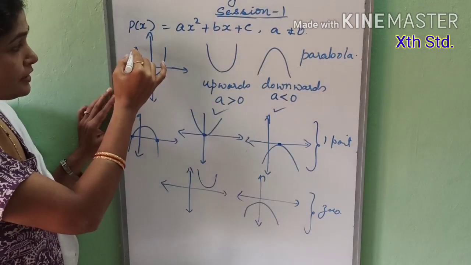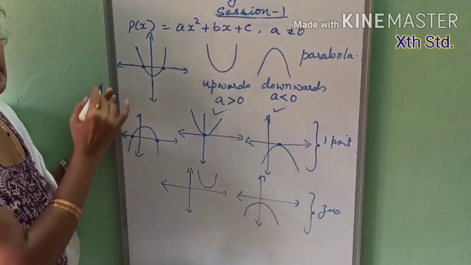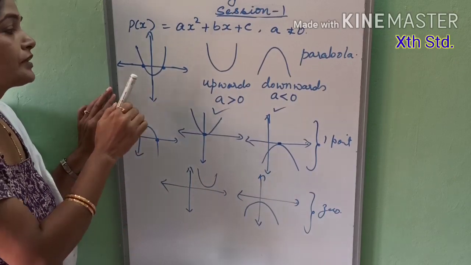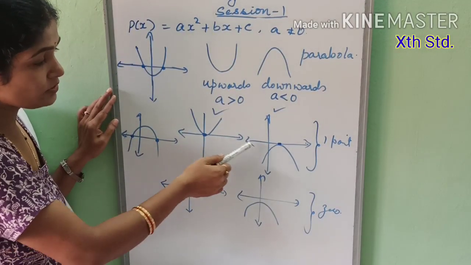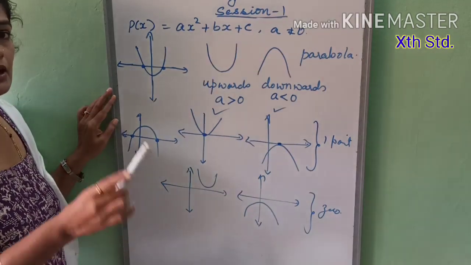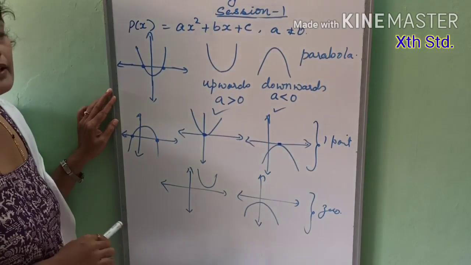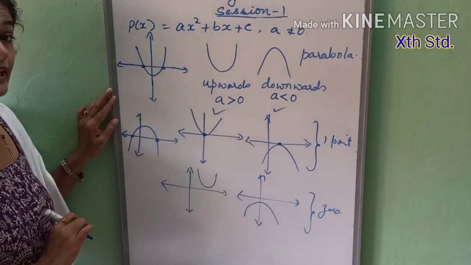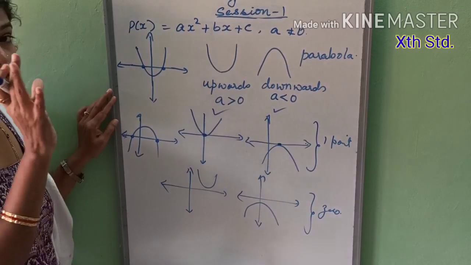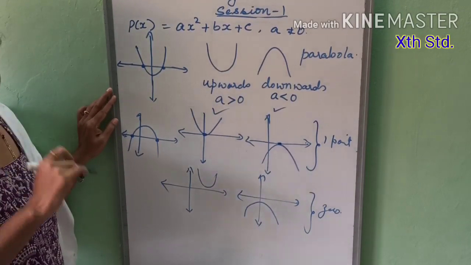If the curve is intersecting the x-axis at 2 points, then we will say that it has 2 solutions. In this case, it is only intersecting at 1 point, so there is only 1 solution. Here, it is not intersecting the x-axis at all, so it does not have any solution. So, a quadratic polynomial can have at most 2 zeros.